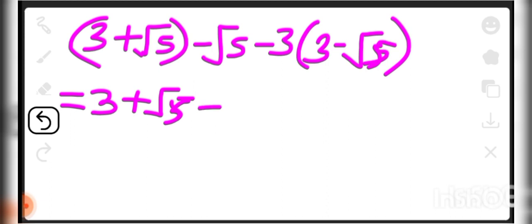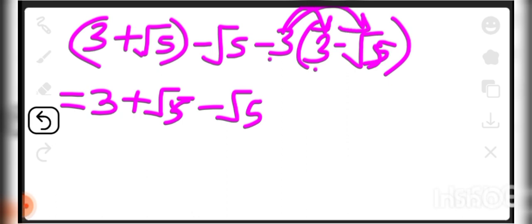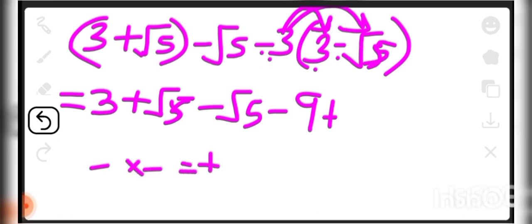Then we have minus root 5. But there's no bracket with this. Minus root 5. Then we are going to use this minus 3 to multiply this, just to open the bracket, also multiply this other one. So minus 3 times 3, that is minus 9. Minus times minus, that will be plus. Take note. Minus times minus is plus. Minus times plus is minus.